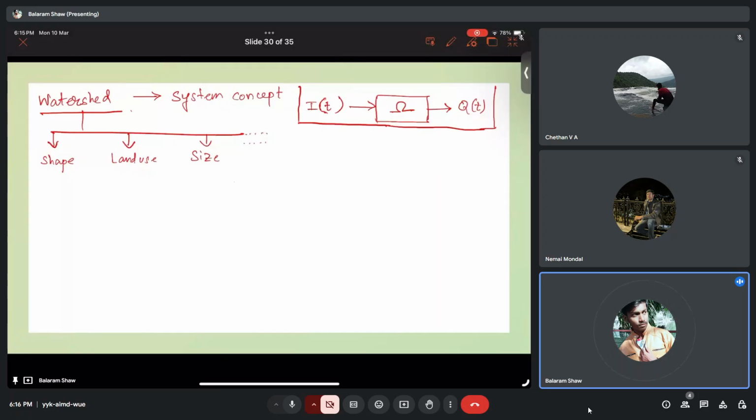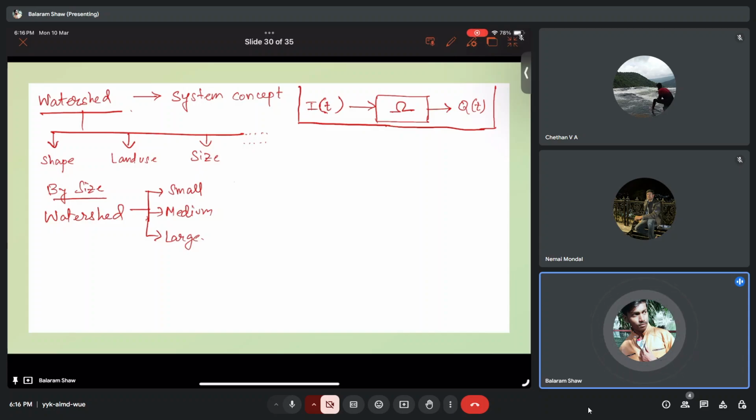So the watershed can be classified into several types based on which factors we are thinking about. Like if we are saying by size, then watershed can be classified into small, medium, and large catchment. It can also be considered very large catchment, but we consider these.